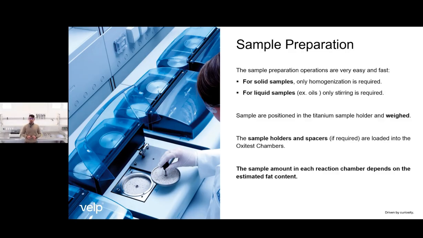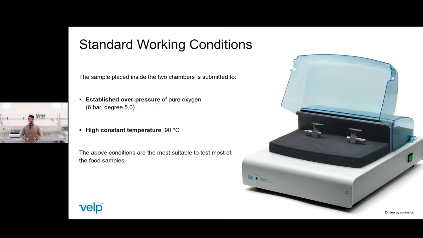After that, the samples are weighed directly in the titanium holders, which are then loaded into the two chambers, as we said before. Then, once the sample is placed inside the instrument, the Oxitest applies pure oxygen at usually 6 bar pressure and maintains a constant temperature of around 90 degrees in most of the cases of the analysis that we will see later.